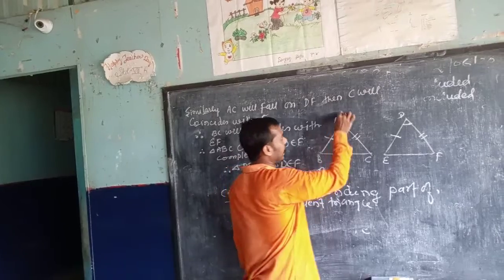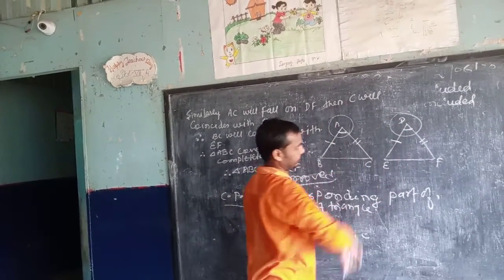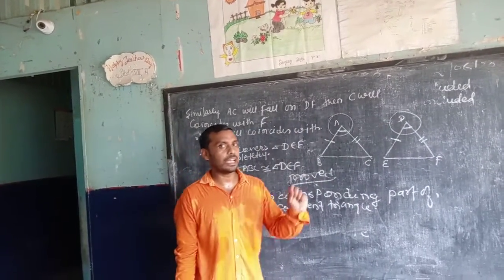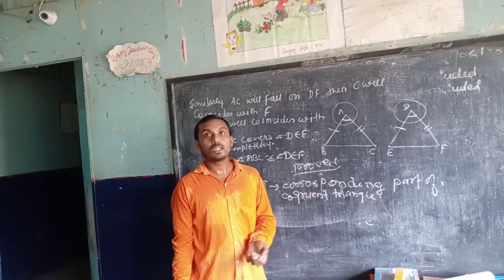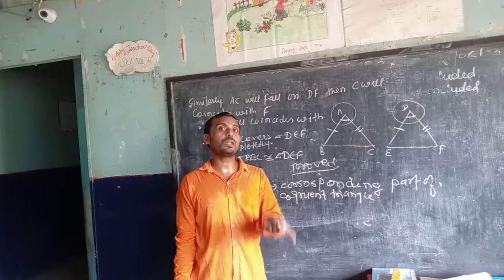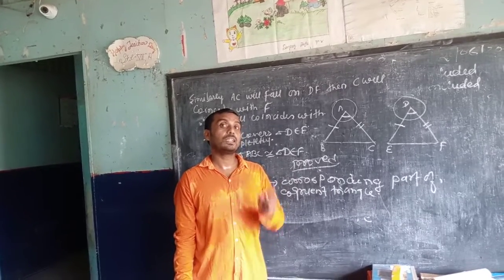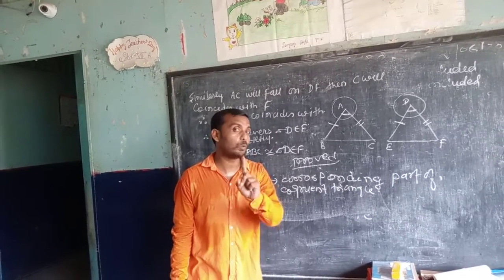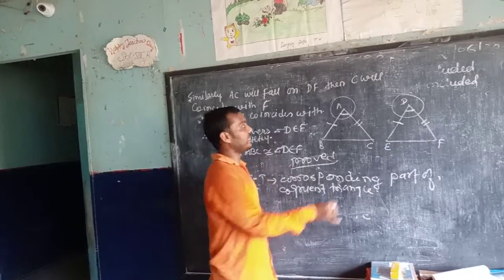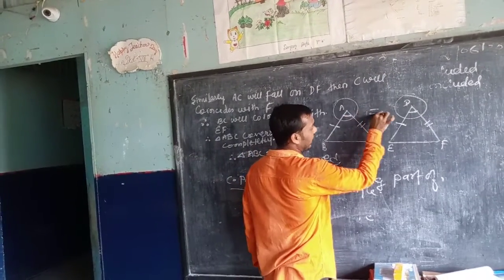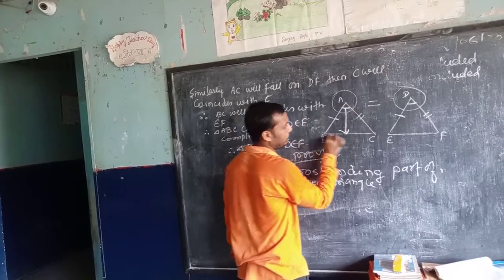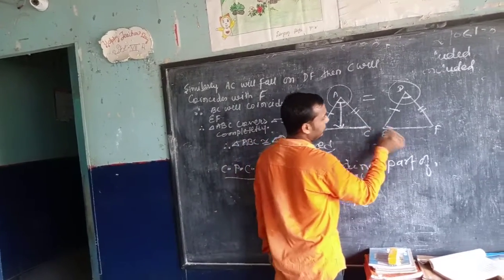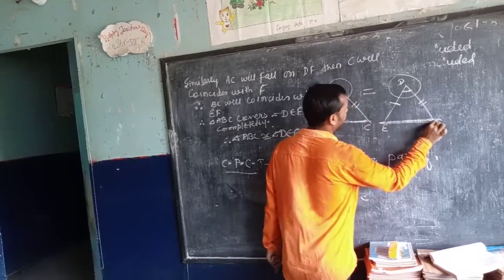Suppose here angle A is equal to angle D, which is given to us. Then the sides opposite to the equal angles are equal. That means the side opposite to angle A is BC, then BC will be equal to EF.